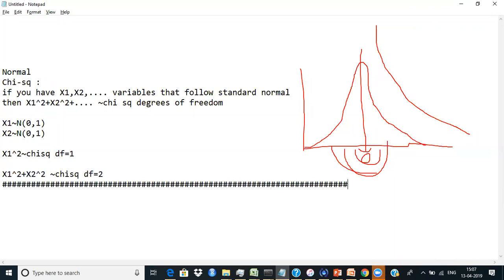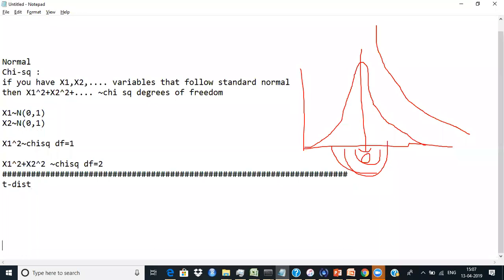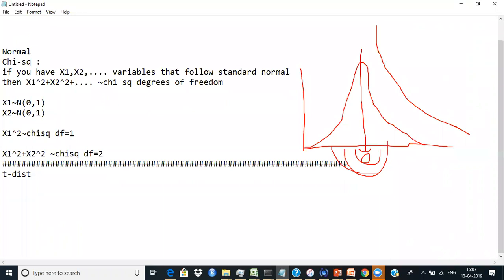So this is chi-square, right? The next distribution that we are going to look at is T-distribution. All of you are clear with chi-square, right? Okay. Now, if you are clear with chi-square, T-distribution is derived from chi-square. Now, if there is a variable x1 that follows normal 0, 1. What is normal 0, 1? Standard normal.